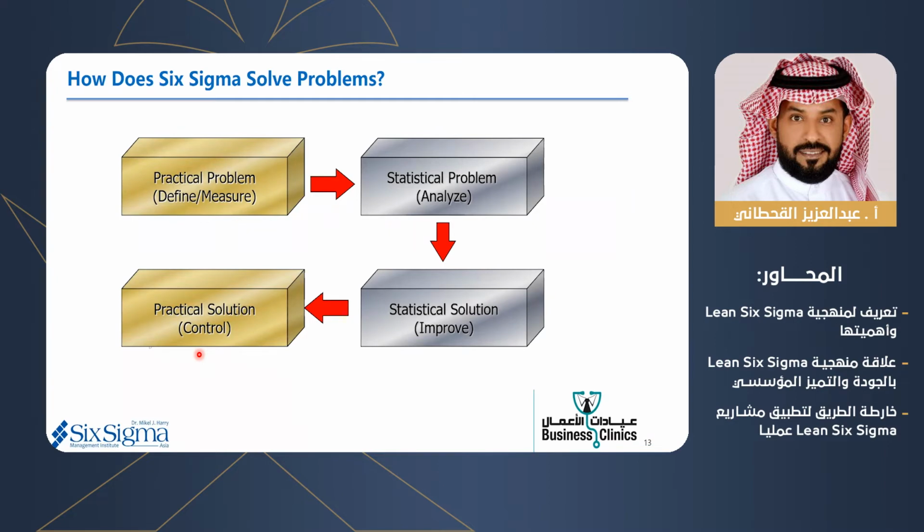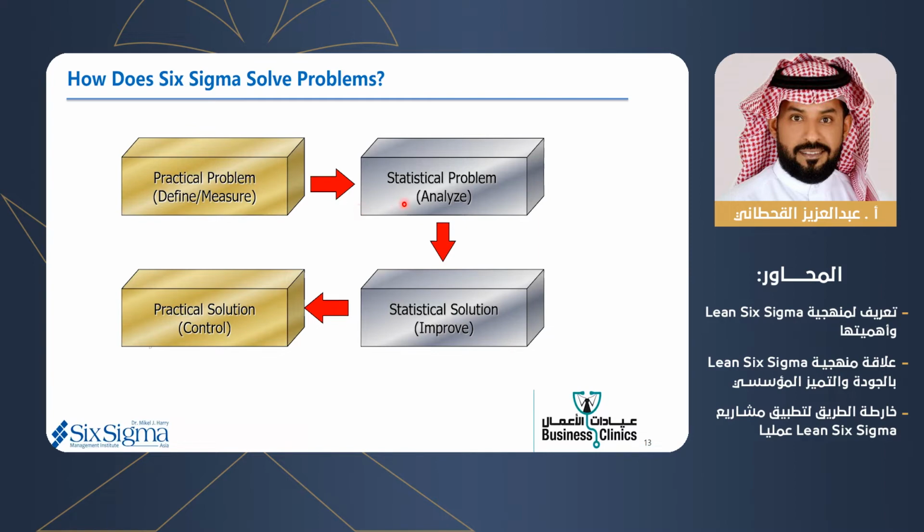There is a delay in receiving the product, or a delay in sending the product to the customer. So we take the existing problem. Let's say we have high cost, for example. We have high cost, which is a problem to the organization, and we need to reduce the cost. So initially, we state the problem as a practical problem, which is the current situation.